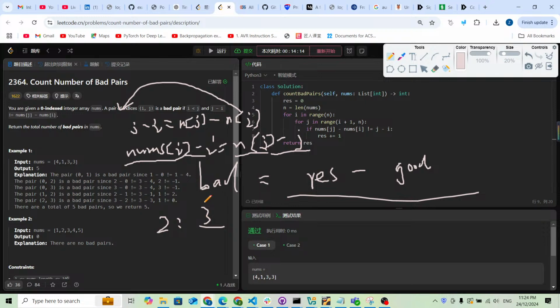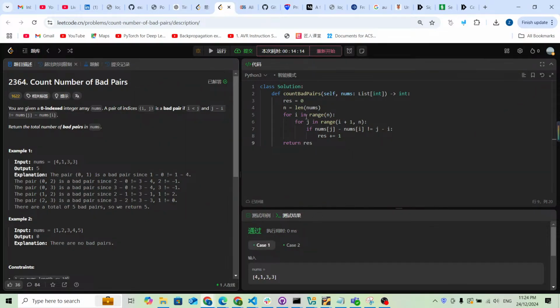Now we know how many good pairs: 3 times (3 minus 1) divided by 2, so it's going to be 3 pairs. We just use the total number of pairs minus the good pairs, so it's going to be the bad pairs. Now let's use this idea to solve the problem.